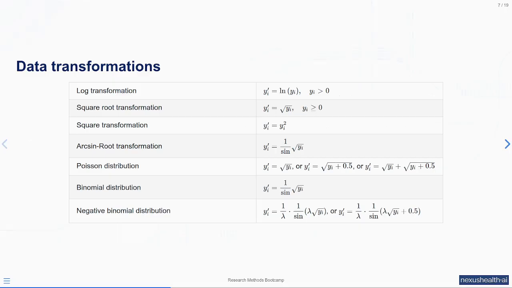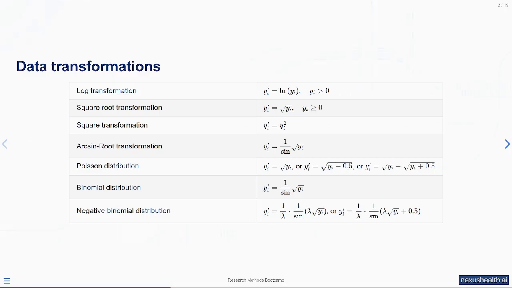Another algorithm that may be used is the square root transformation. So we take the square root of the dependent variable. Again, this is applicable for non-negative values of y. We have the square transformation.